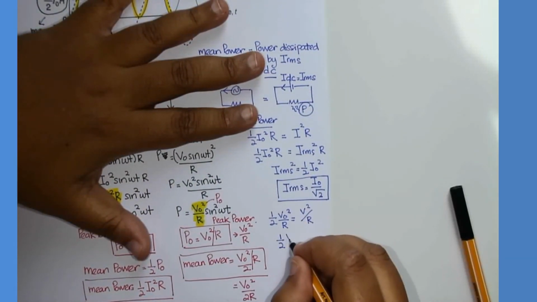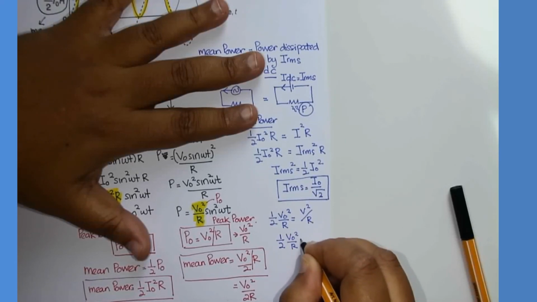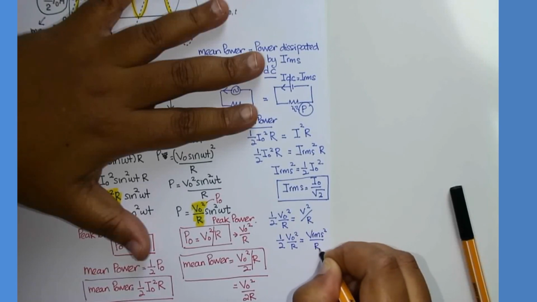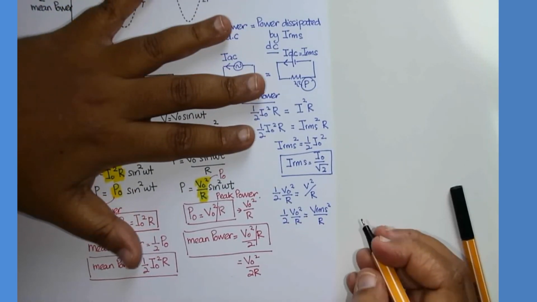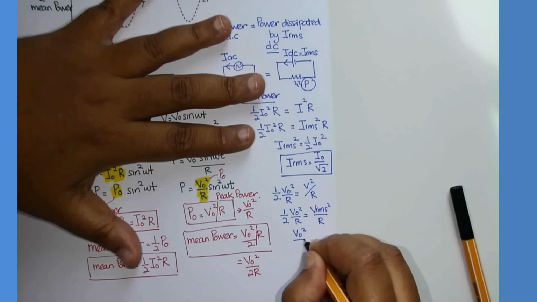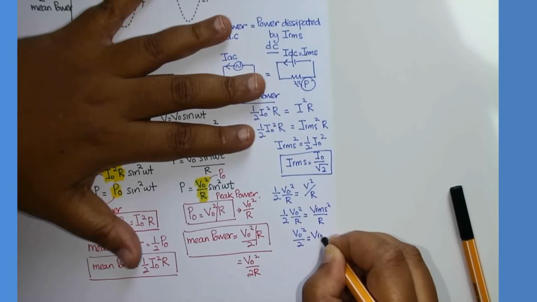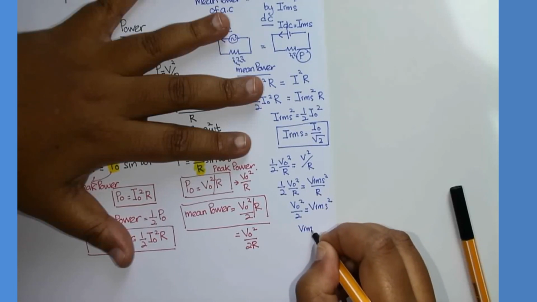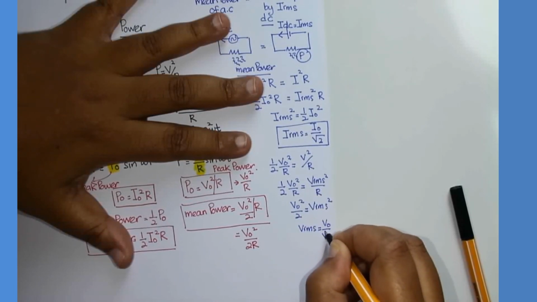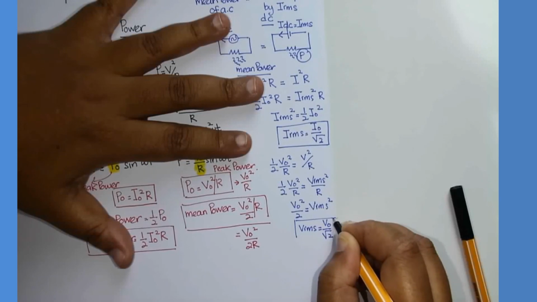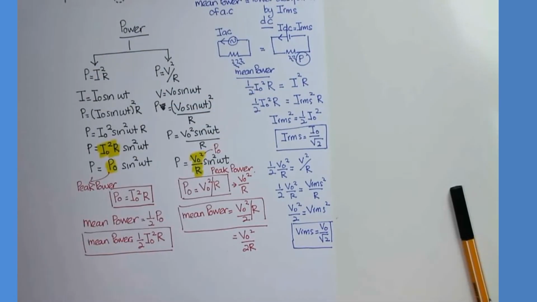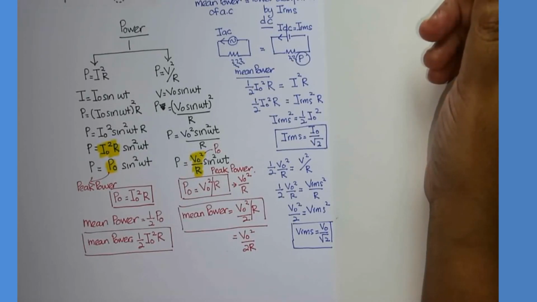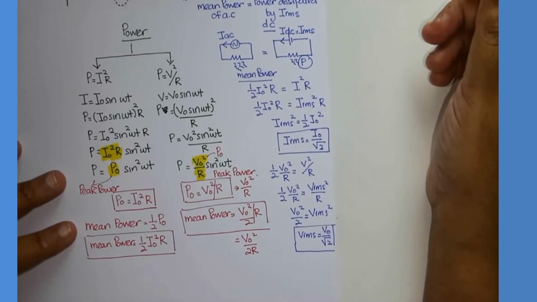So half V naught square over R is also equal to VRMS square over R. So therefore VRMS equals V naught over square root of 2. So we can also get a relationship between IRMS and VRMS. Alright, so that is all, class.